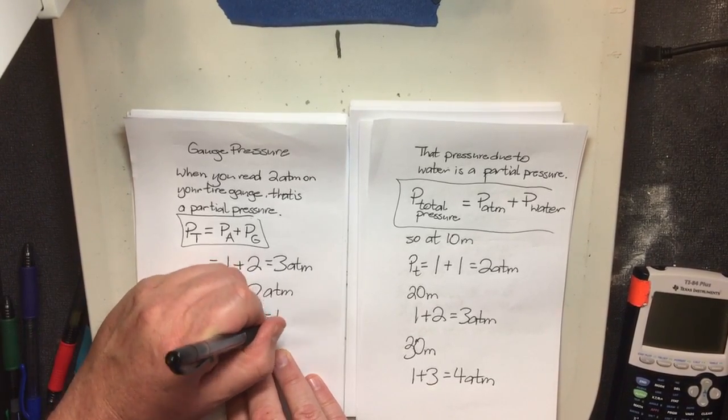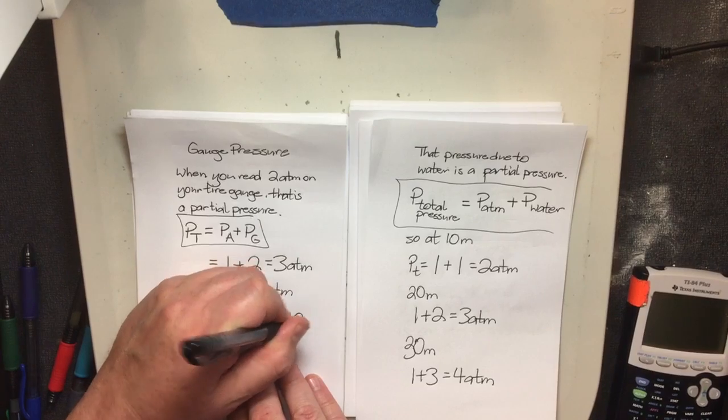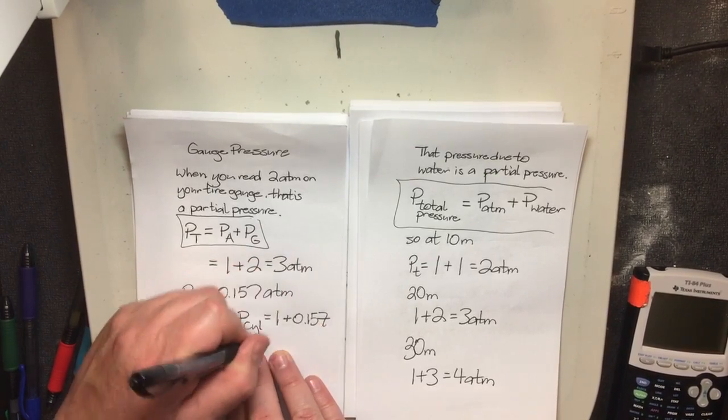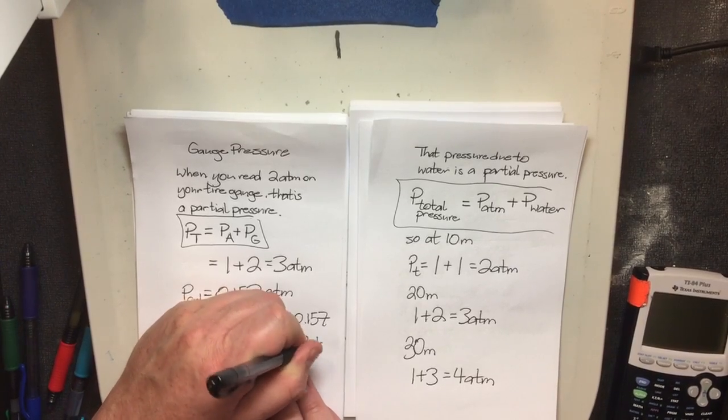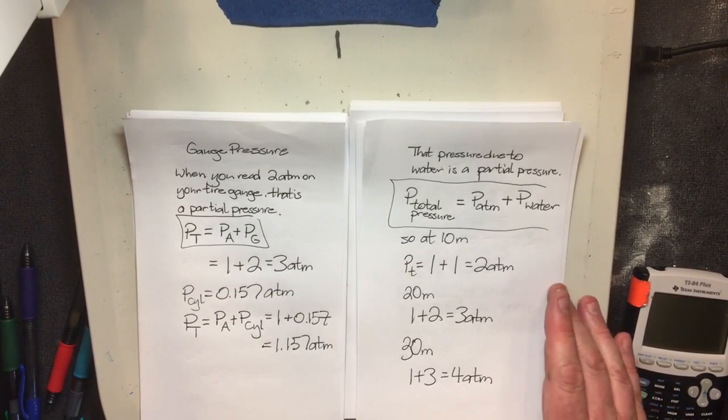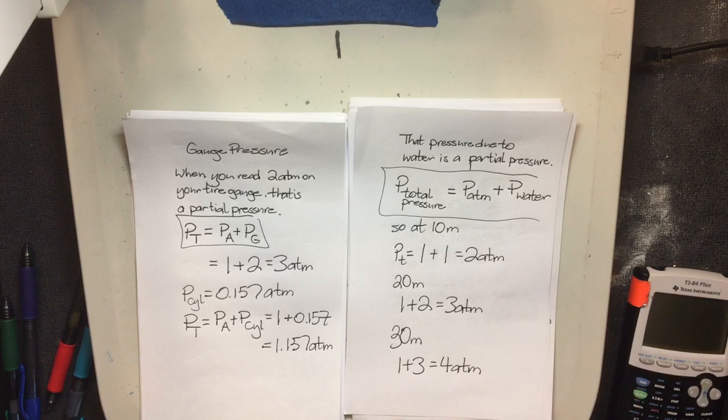So it is now 1 plus 0.157 or 1.157 atmospheres. And so that is the total pressure on the surface because of the cylinder and the atmosphere.